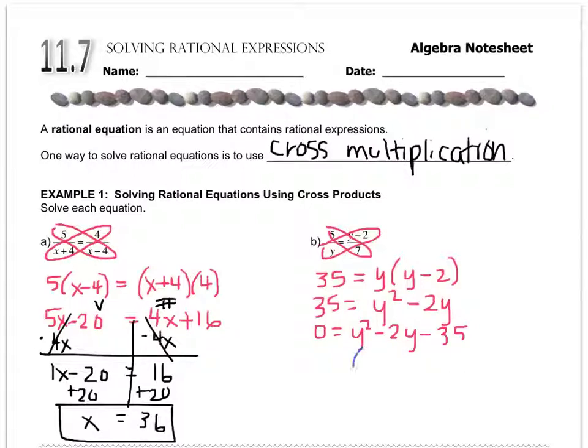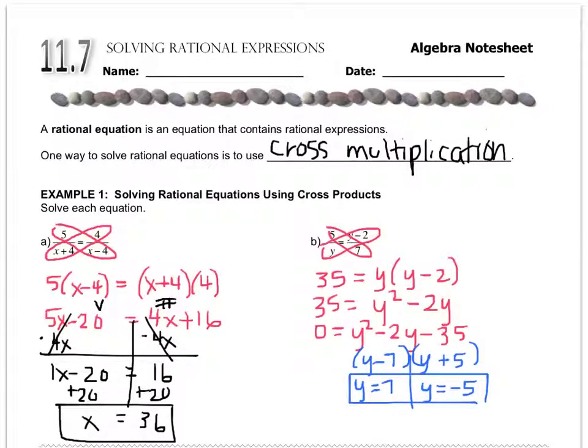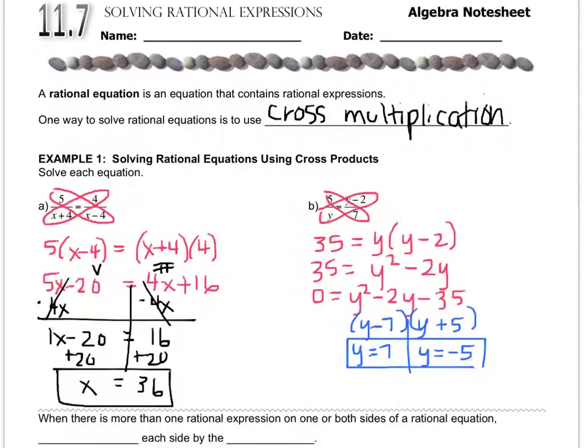And now let's factor. That is negative 7 plus 5. So this is going to give me y equals 7. This will give me, whoops, not x, y. y equals negative 5. Okay, all right, no big deal.